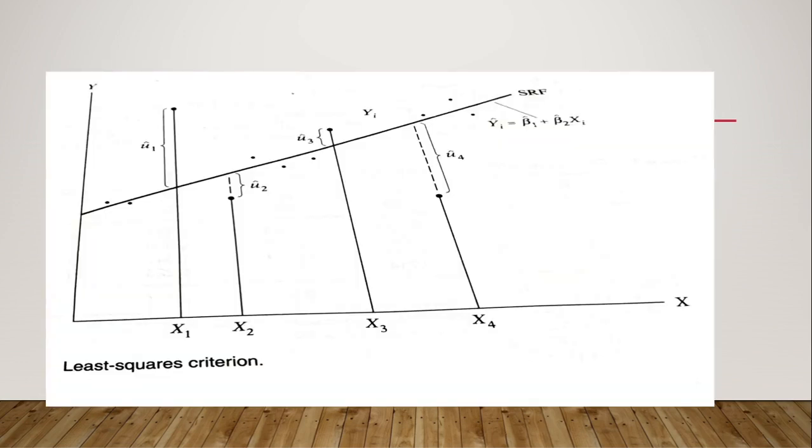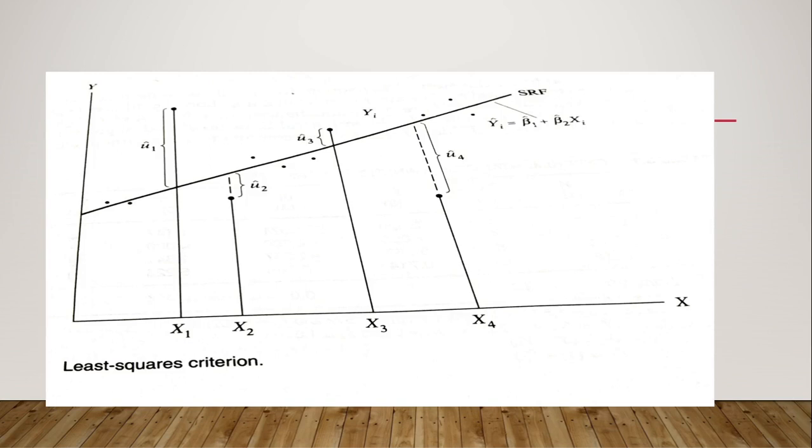See here, you can see the graph. X values are taken along the x-axis and Y values along the y-axis. From the graph, it is clear that for a given value of x1, there is an actual Y value and an estimated Y value, and the estimated Y value always lies on the sample regression function.